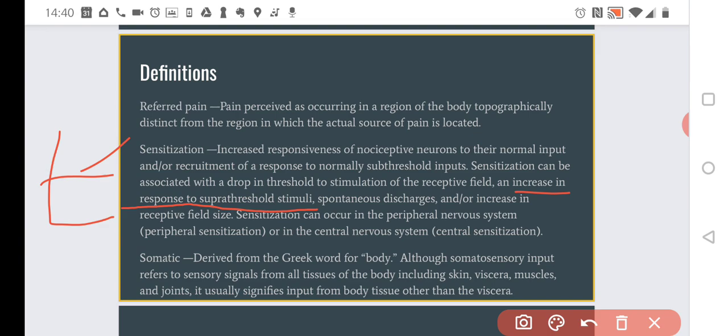But this feeling of pain can be small, big, very big, and in case of sensitization, there may be an increase in response to the suprathreshold stimuli. So the stimuli that would normally lead to pain, but not very strong, will lead in this situation to stronger pain.